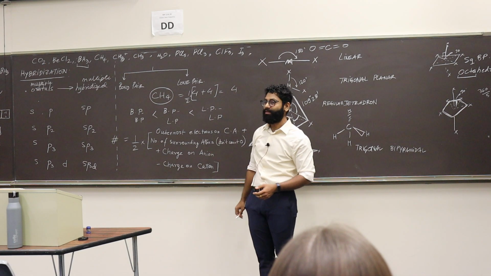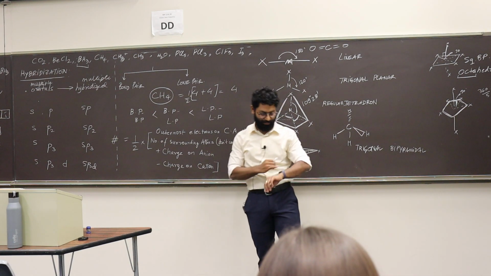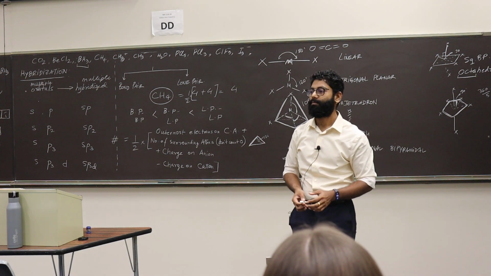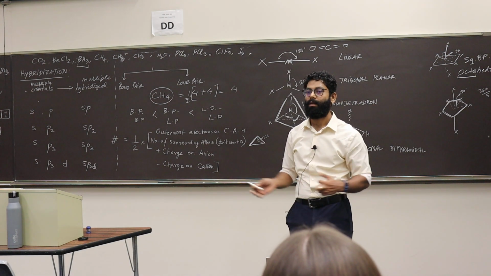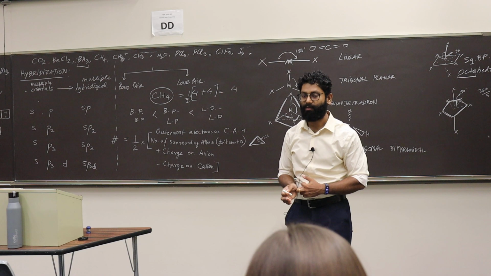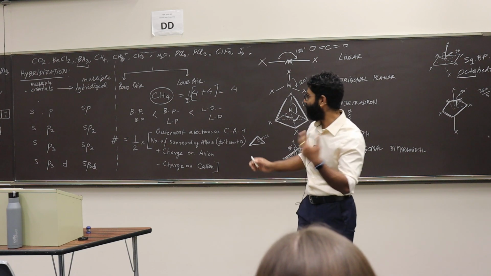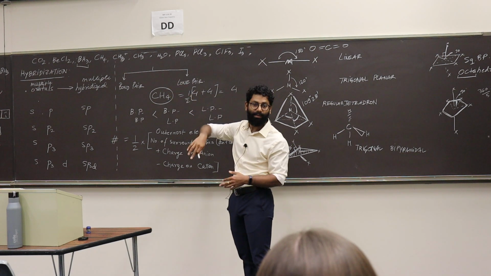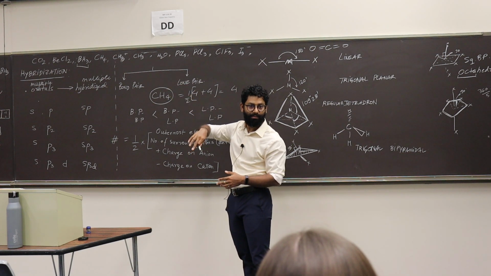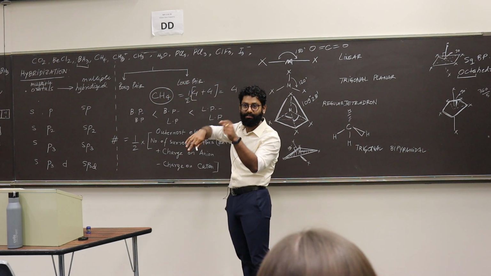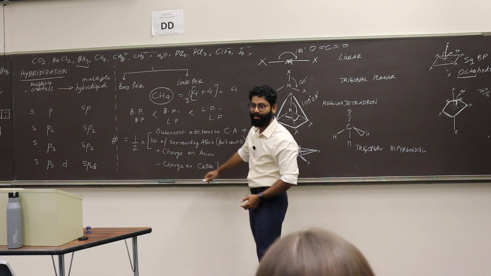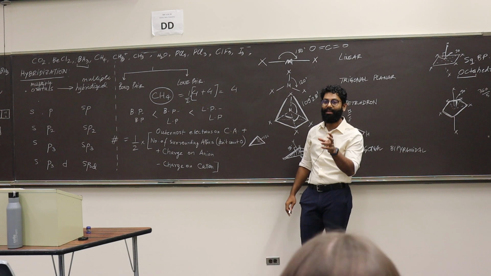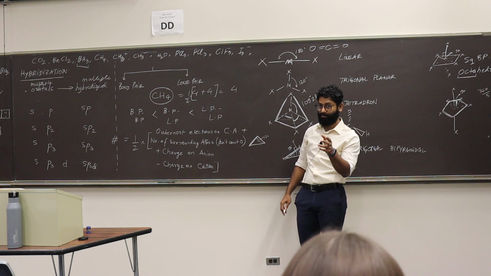For CH3 minus, it is 4, correct. So it's 4 plus 3 plus 1. Make sense? Because there is one negative charge, you just added that. Why did you add? You're adding an electron pair.